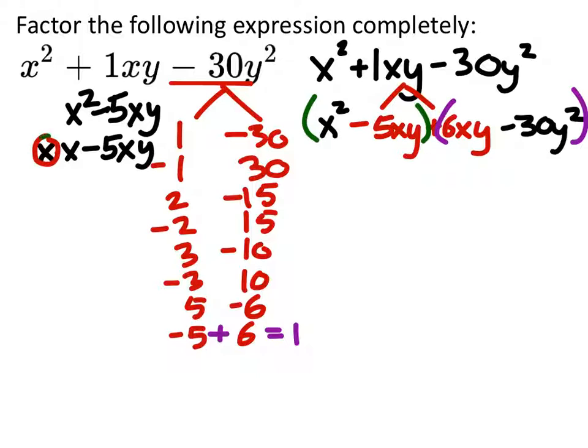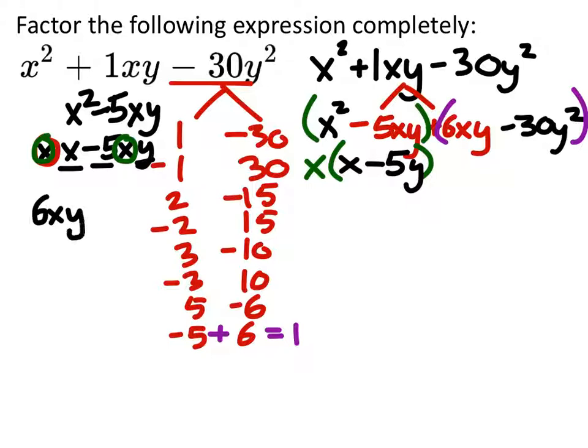I'll do it in green. These x's. So its greatest common factor is an x. And then we have what was left over, the x and then the negative 5y. All right, then we got the 6xy minus 30 y squared, but again, I'm going to show the two y's on this.